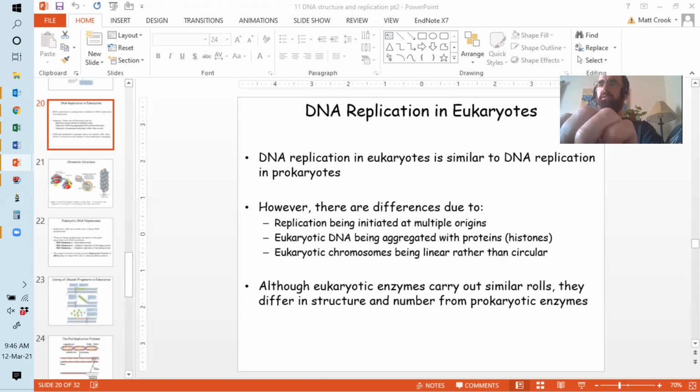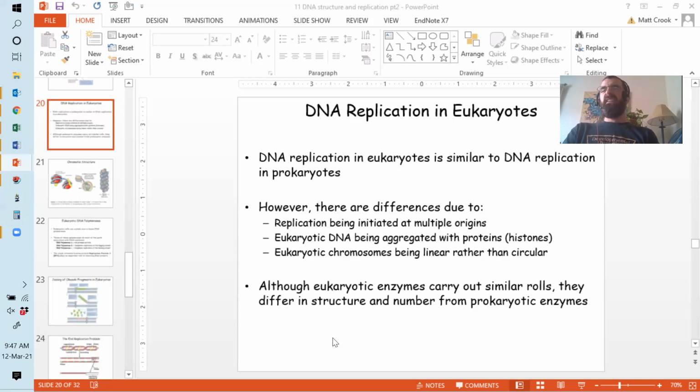These proteins are called histones. And so that protein needs to be removed and then replaced after DNA replication has happened.